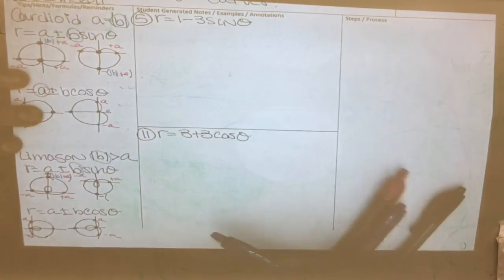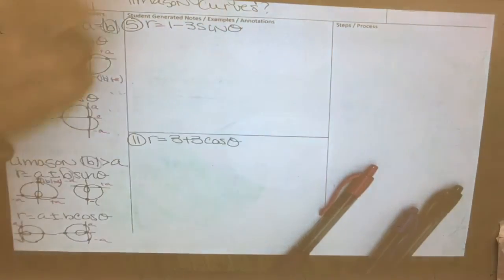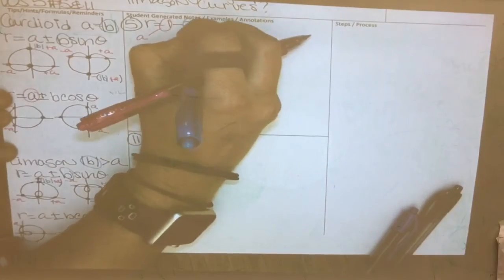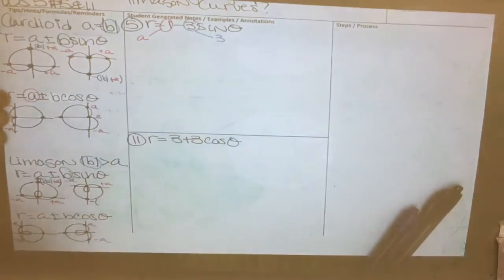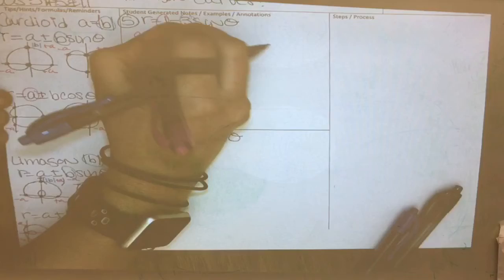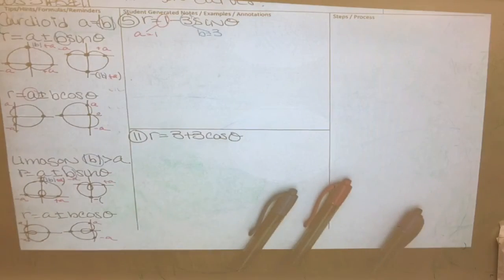Okay, so my first one here, I need to figure out my a and b values. Paolo, what's my a value for number 5? 1. Very good. And what's my b value? 3. Good. And so, b equals 3, a equals 1. Okay, so I need to know what curve is it going to be.